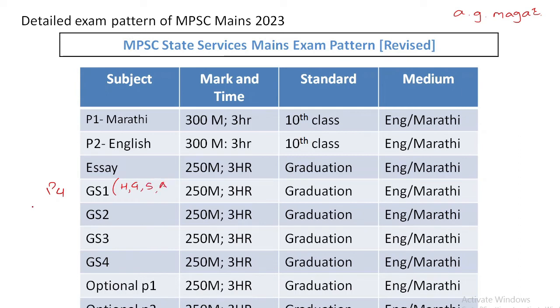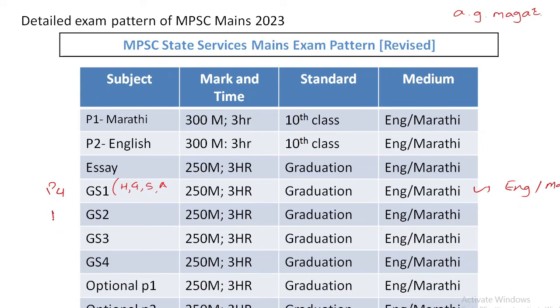So this whole GS1's weightage is 250 marks, and the time for all these papers is the same, 3 hours. The level of all of your general studies papers is equivalent to graduation, and the medium is one of them, English or Marathi. It depends on you.